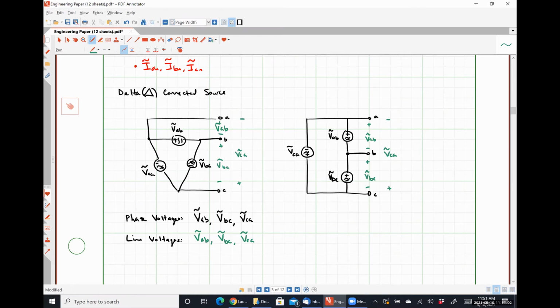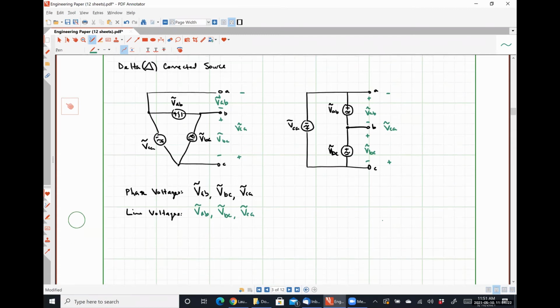Because in a delta connected source, I can ask you for one and you can give me both. But in a Y connected source, if I ask you for one, you can't just tell me what the source voltage is because it's going to be something entirely different. There's mathematical relationships that we're going to develop and all that kind of good stuff. But this is where the jargon starts to bite you in the butt.